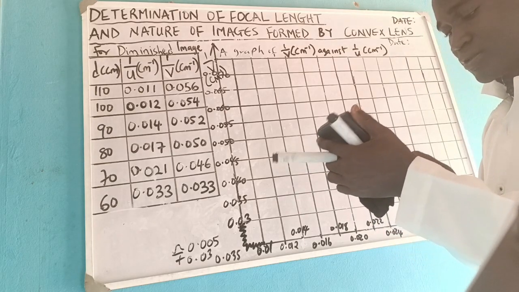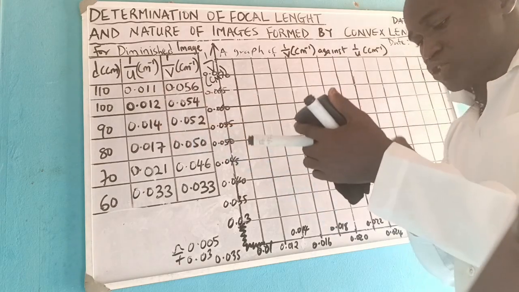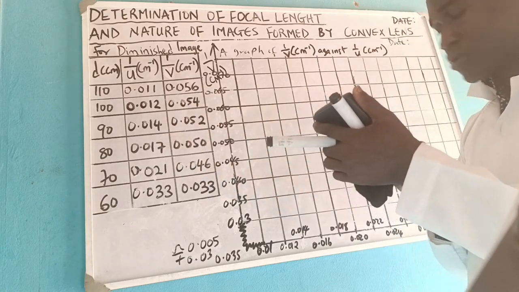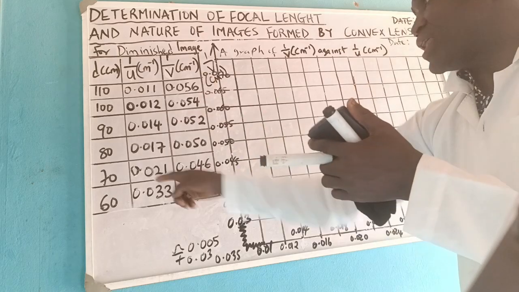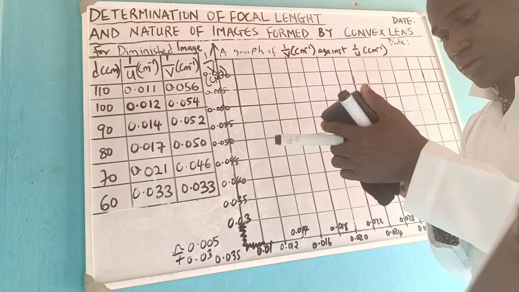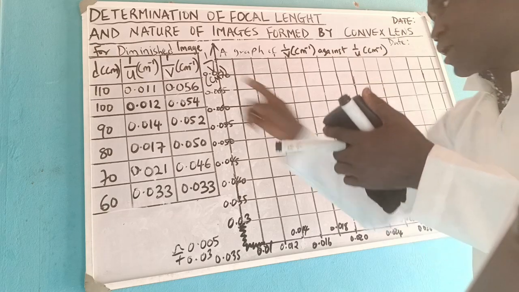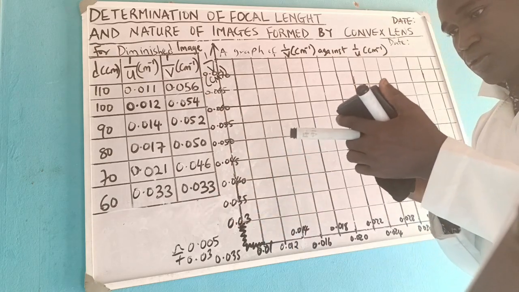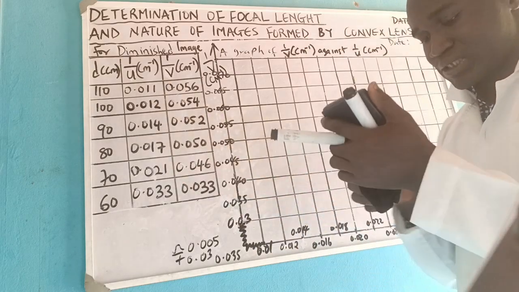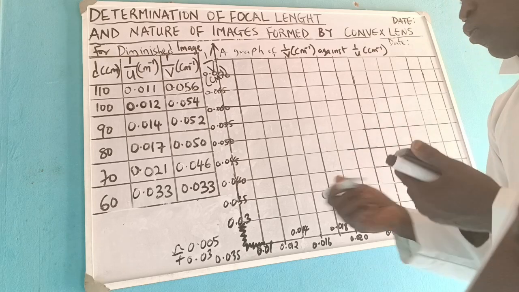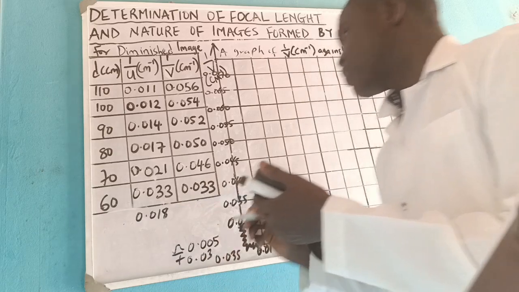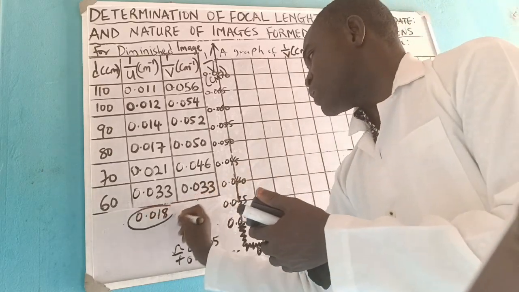Add everything plus add the next one, add the next one, add the next one, add the next one, divided by 6. We have here to be 0.018. Then we circle it.